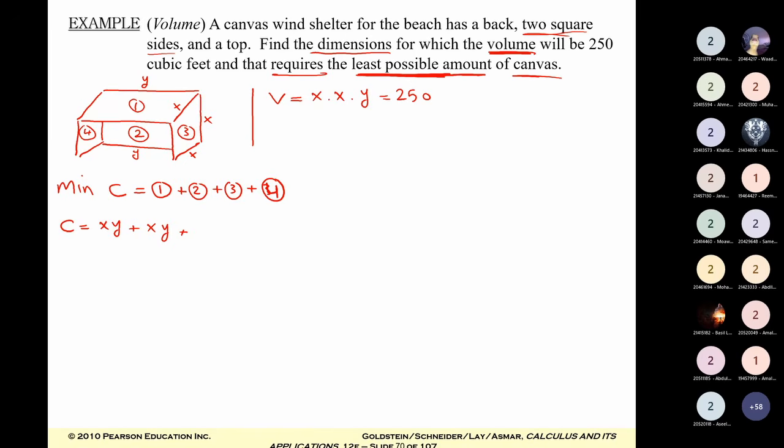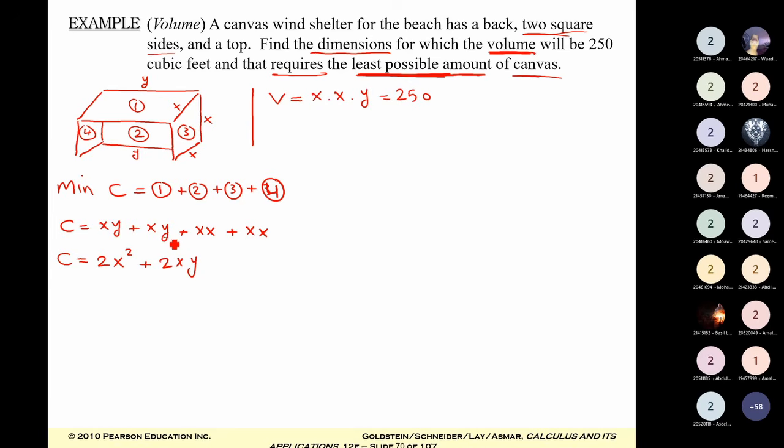But the number 3 side we have x في x and number 4 x في x. So the amount of canvas equals 2x square plus 2xy.